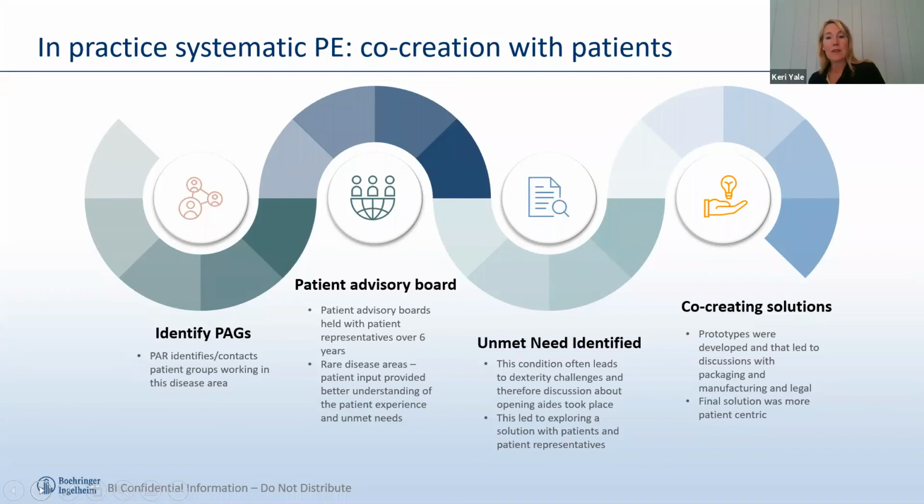And then the company was able to come up with some prototypes that then this group of patients and patient advocacy group representatives could put their hands on and give feedback about. And so over a long period of time, very iterative, they were able to come up with a solution that was much more patient-friendly and really was co-created with these patients.